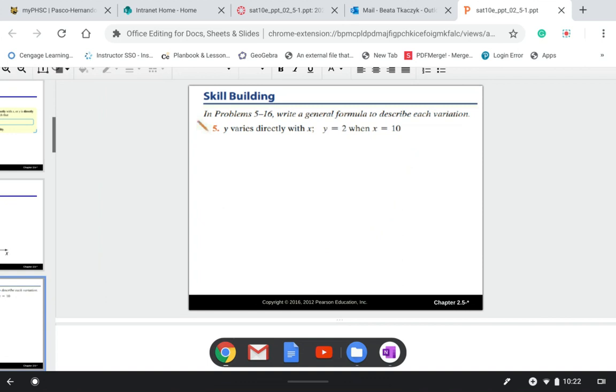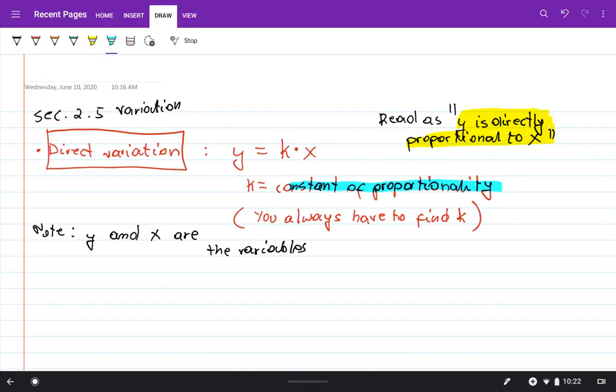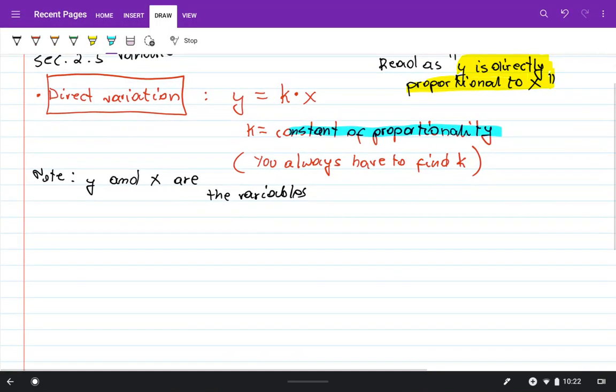So let's solve this problem. First we're going to solve number 5, from your textbook, on page 191.